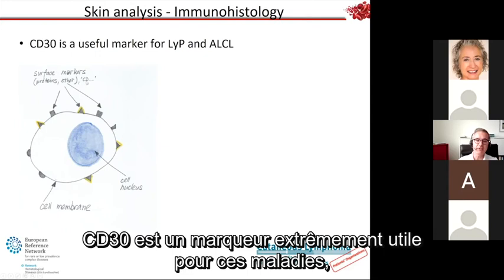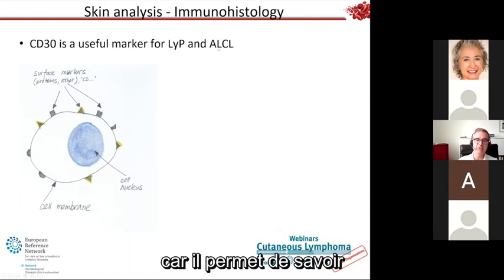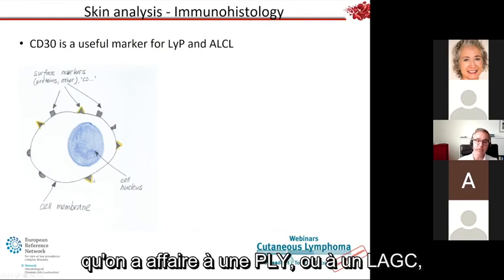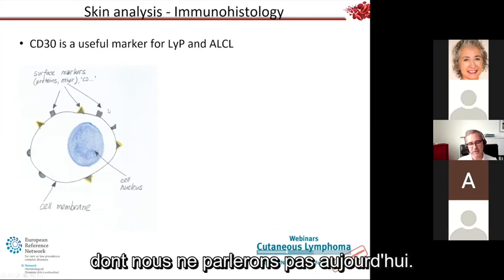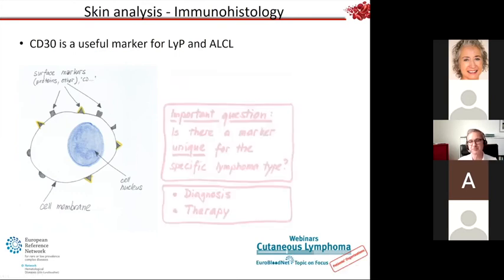And CD30 is an extremely useful marker for these diseases, because it allows us to tell we are dealing with LYP or ALCL, or on rare occasions with a few other cancers that are not the focus of today's discussion.